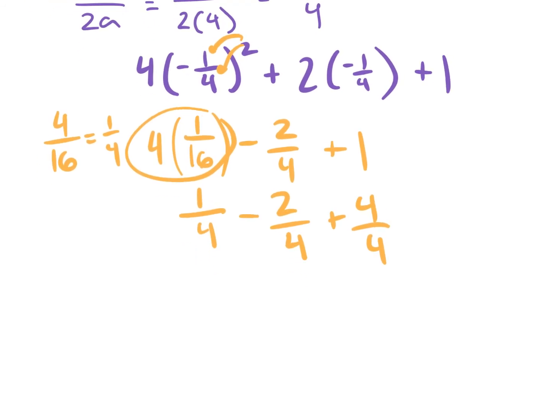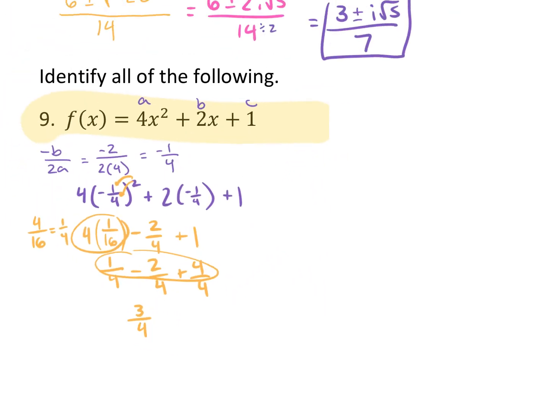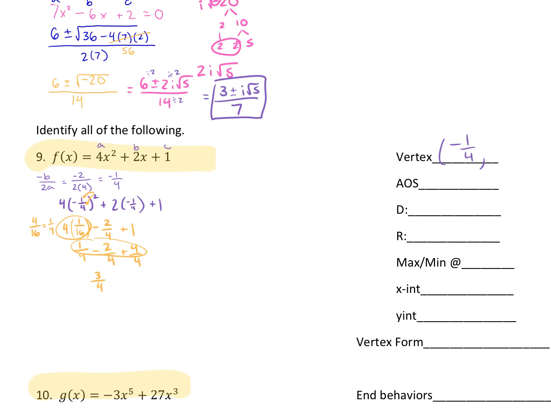So you need all your denominators to be the same, and then we just combine the numerators. So 1 minus 2 plus 4 would be 3, so 3/4. So my y is 3/4.